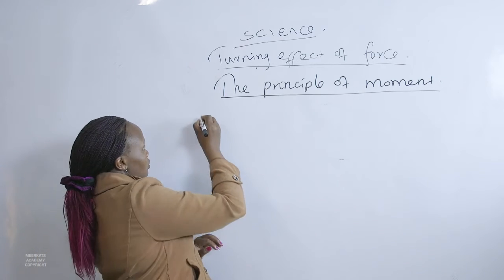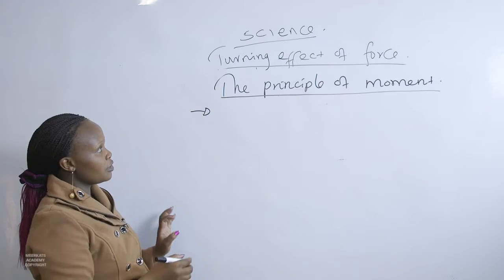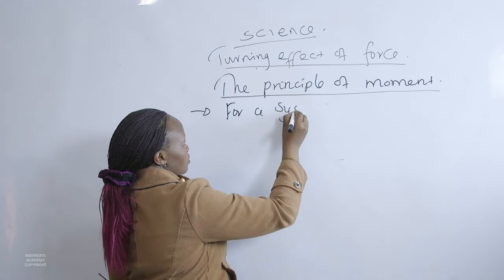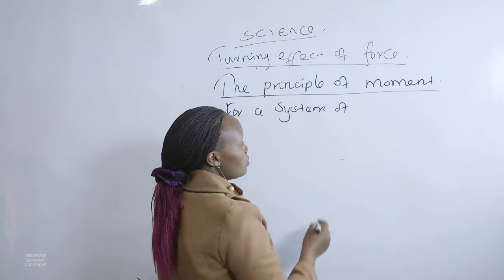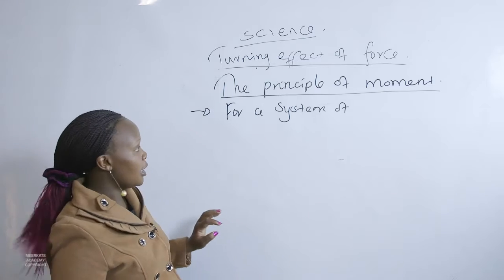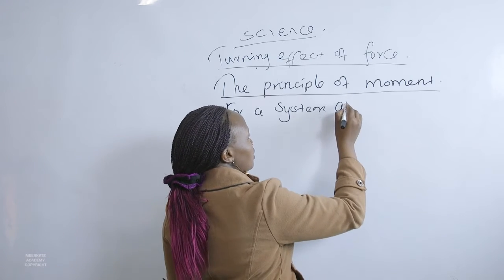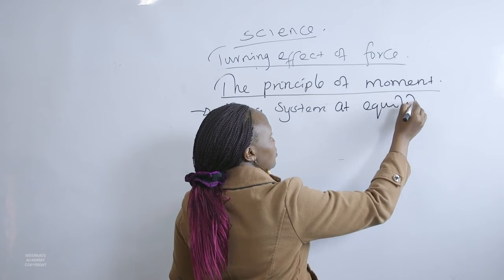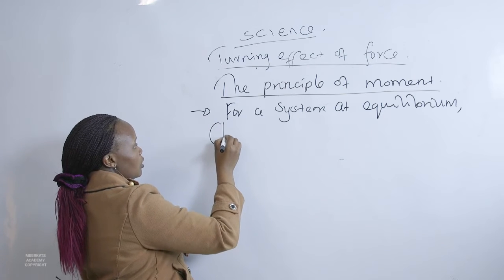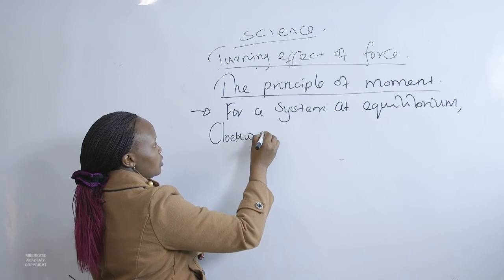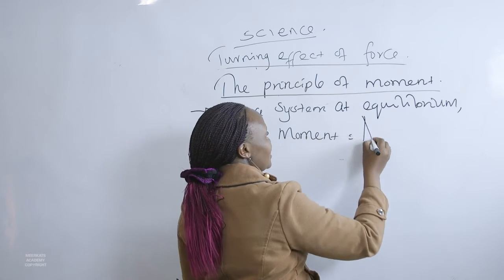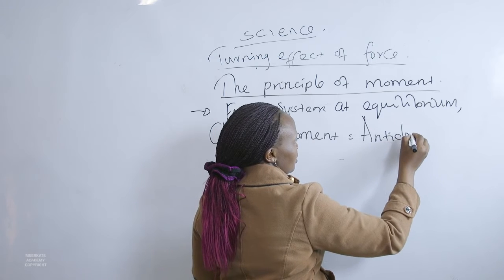Now, let us state the principle first, and it states that for a system at equilibrium, or for a system to balance, clockwise moment should be equal to anti-clockwise moment.